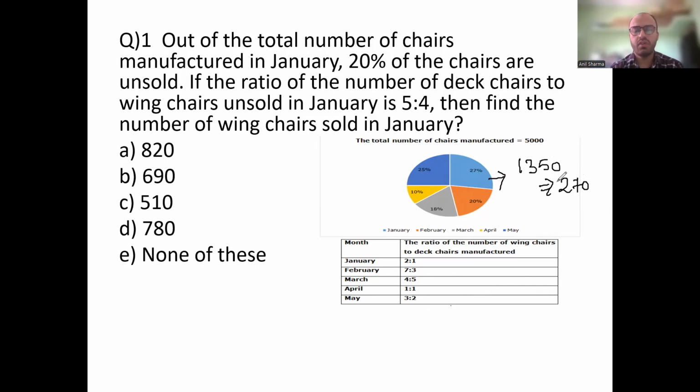Also, the wing chairs and deck chairs are in the ratio of 2:1. So 1350 we have to divide in the ratio 2:1. Obviously, the total portion is 3. So 3 is equivalent to 1350. Obviously, what is 1 equivalent to?